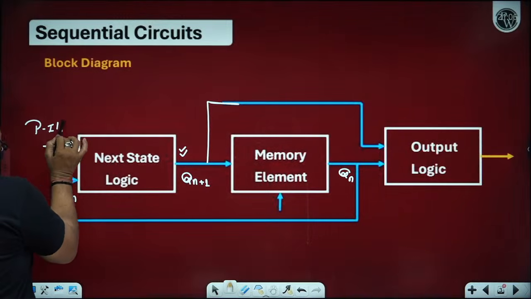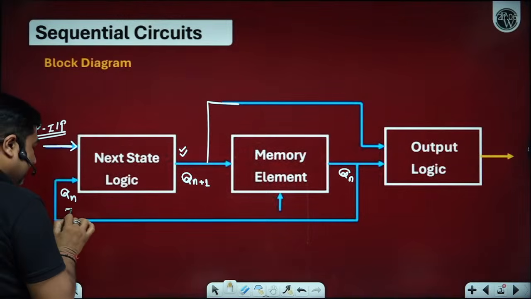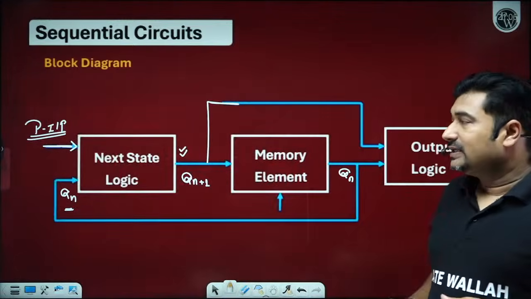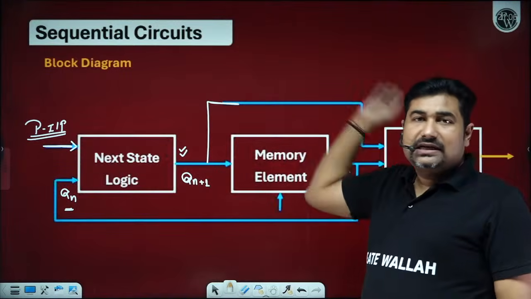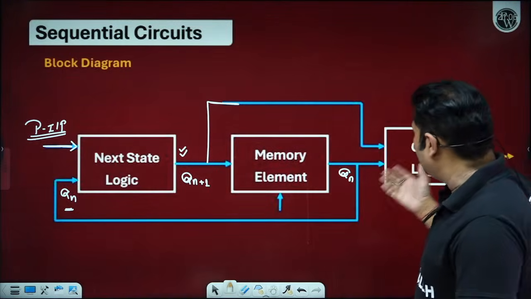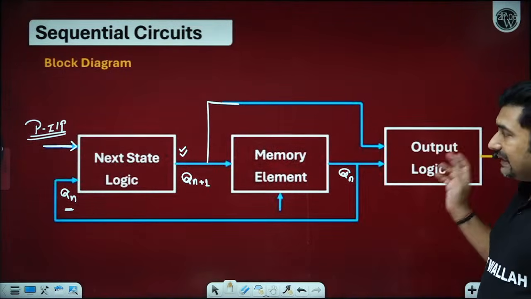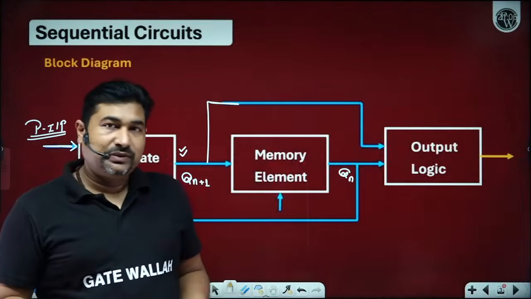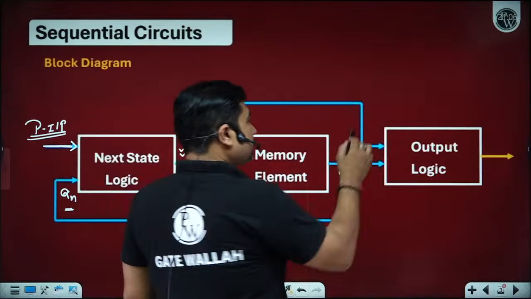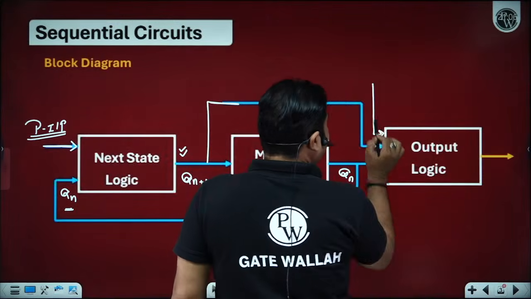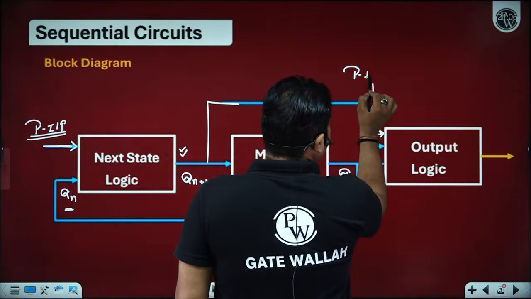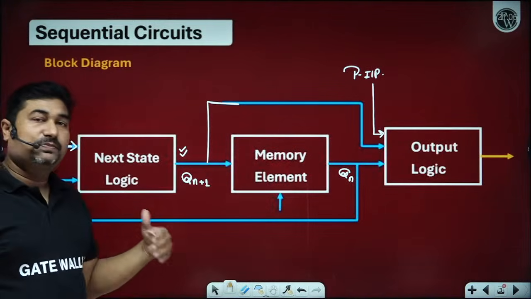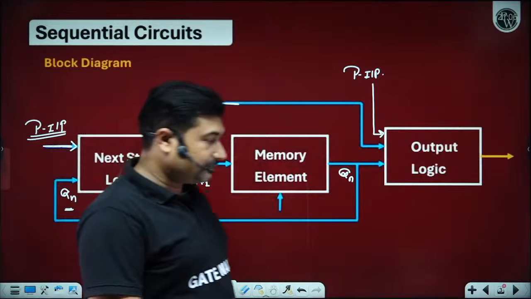So based upon the present input and previous state, your next state logic depends. Maybe your next state logic is the final output logic, or the output logic is a function of the next state logic as well as the previous state logic as well as the present input. There is a possibility that your final output depends upon the present state, next state logic, as well as previous state logic. Is it okay?